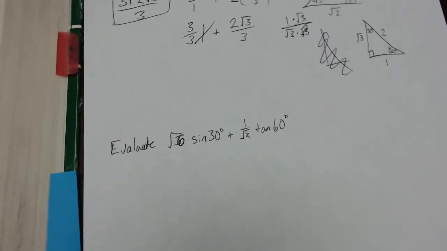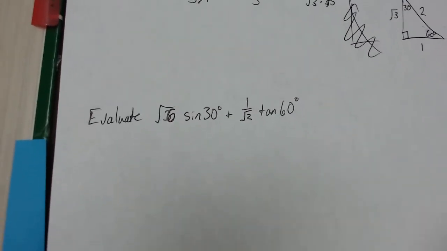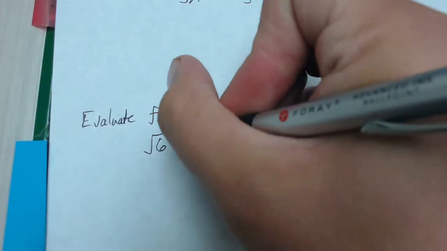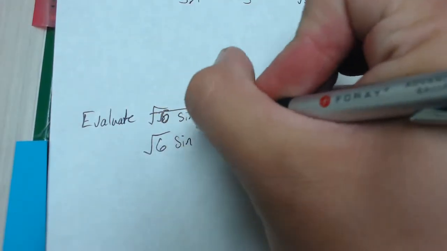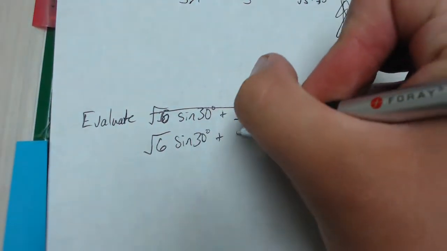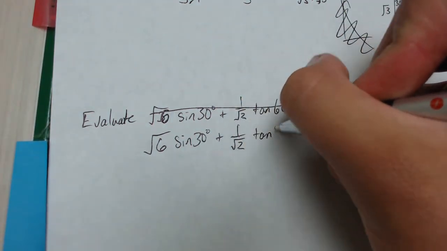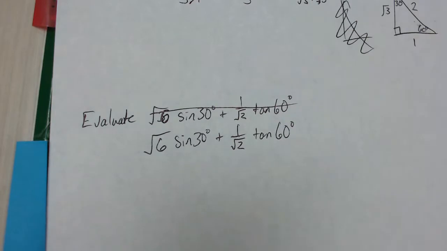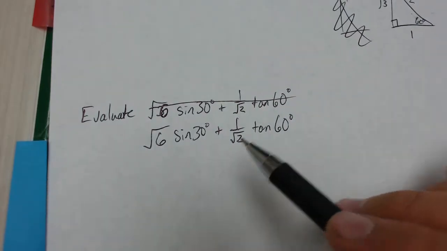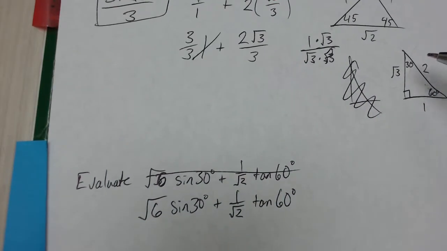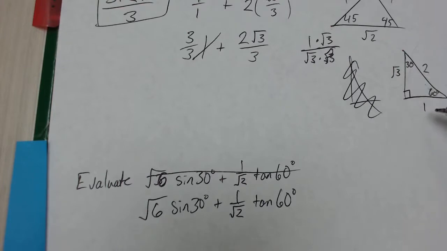So our next example, they want us to evaluate, that's a little sloppy, we'll rewrite this. They want us to evaluate square root of 6 times the sine of 30 degrees plus 1 over square root 2 times the tangent of 60 degrees. So again, we'll use our reference triangles. To find the sine of 30, we're going to take the opposite side, which is 1, put it over the hypotenuse of 2.